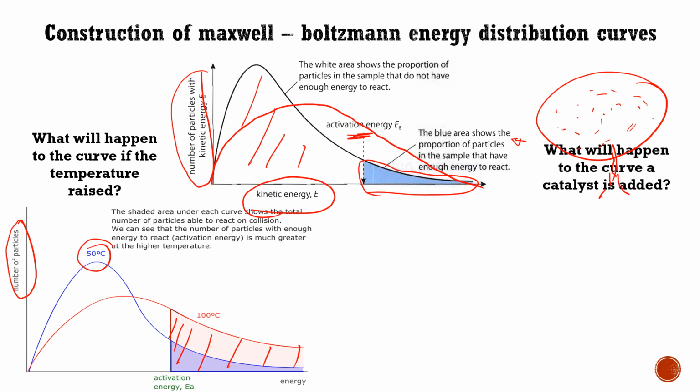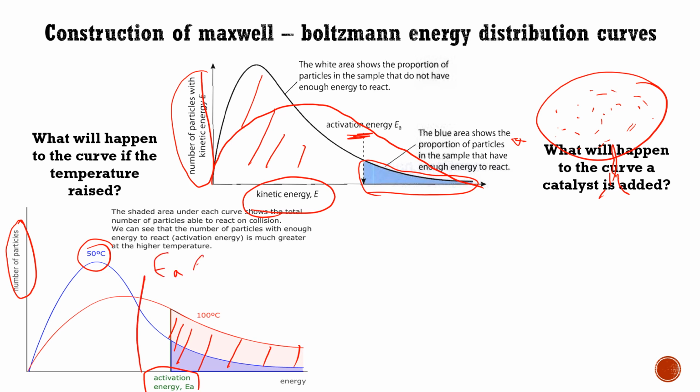But what will happen if you are introducing a catalyst to this reaction? As we said before, it provides an alternative pathway for the reaction with lower activation energy. As you can see here, when you are introducing a catalyst, the original activation energy will be, of course, lower.